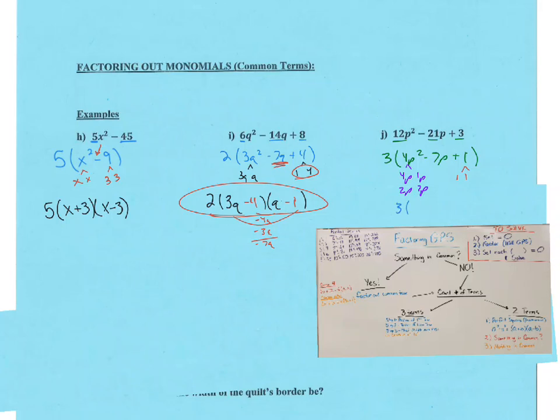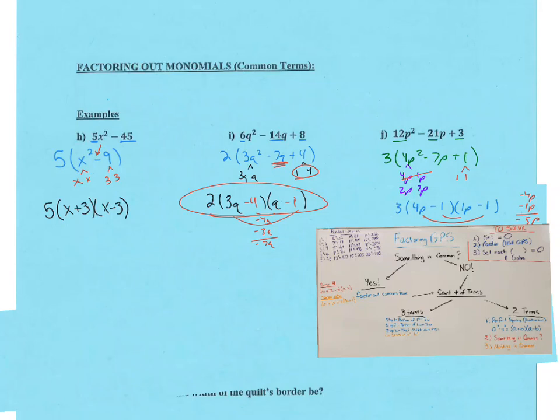I'm going to guess 4p, 1p. I'm going to put minus 1, minus 1. So now this is just a guess. I don't know if it's right. I'm going to check it. I get minus 4p on the outside, minus 1p on the inside. That's minus 5p, so that doesn't work.